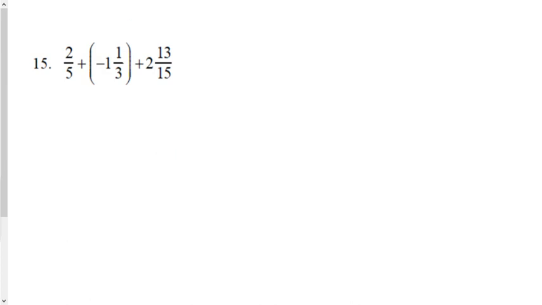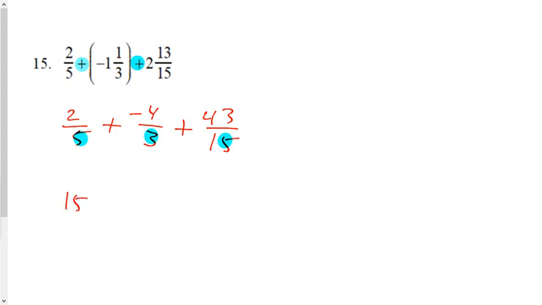And our final few questions. 20 is an addition string here. When you have just addition and addition, what I recommend you do is just make them all into improper fractions to start. Find your common denominator that all three of them share, in this case 15. Equivalent fractions for all of them.